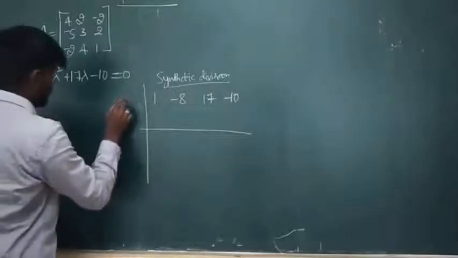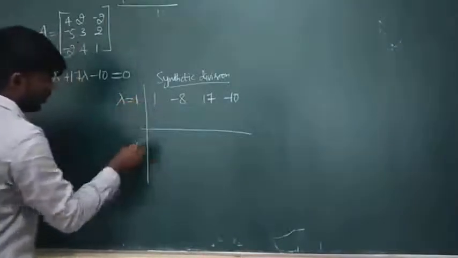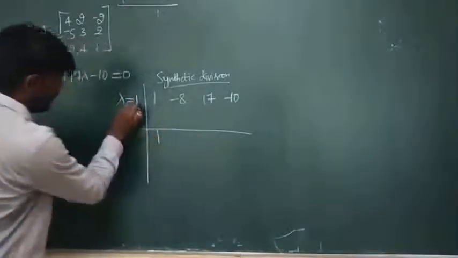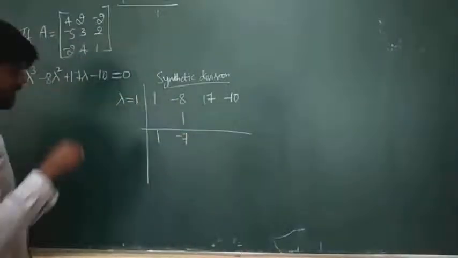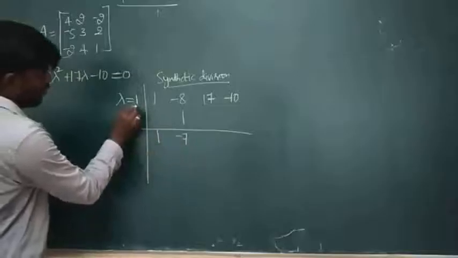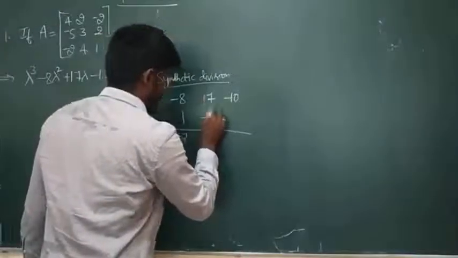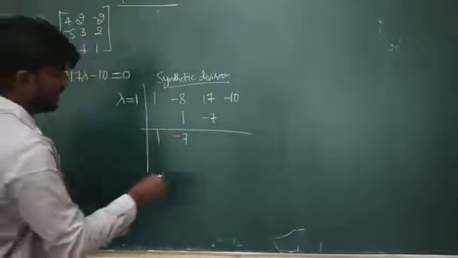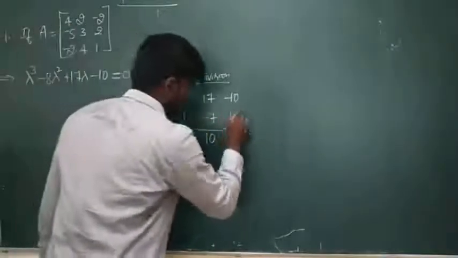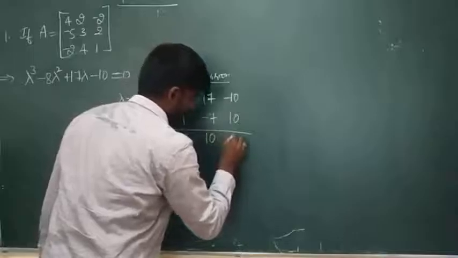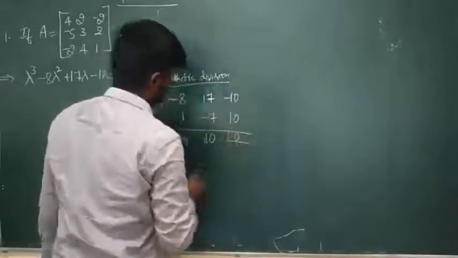Therefore, lambda equals 1. 1 into 1 is 1; adding, we get minus 7. Minus 7 into 1 is minus 7; adding 17 and minus 7, we get plus 10. 10 into 1 is 10. Here minus 10 and 10 cancel and give 0.